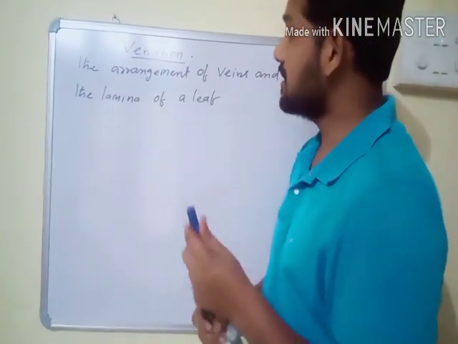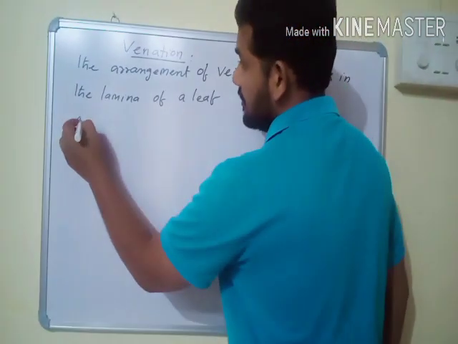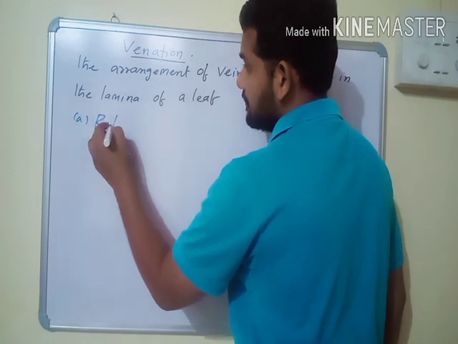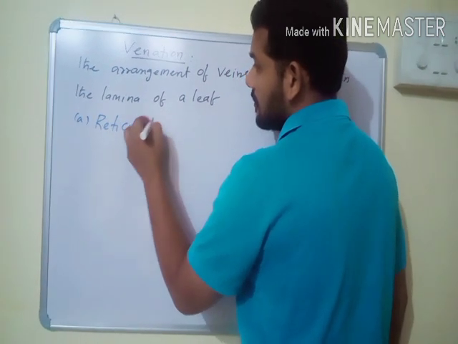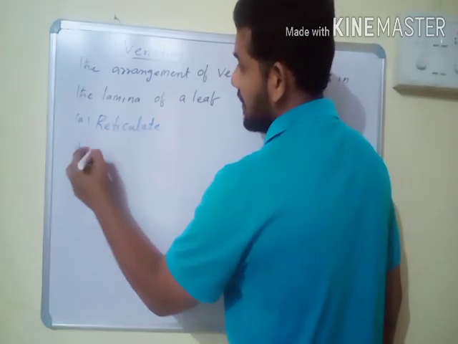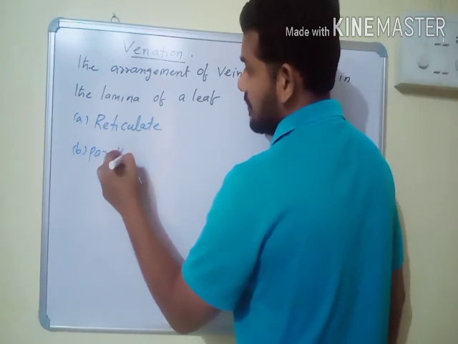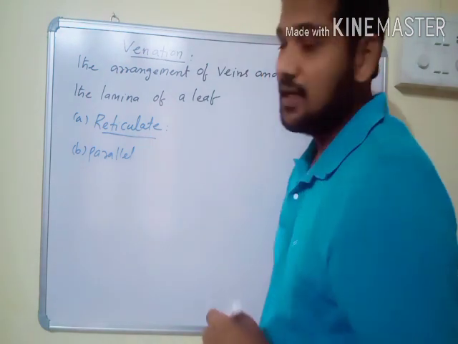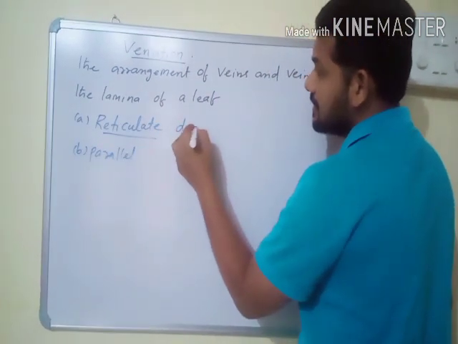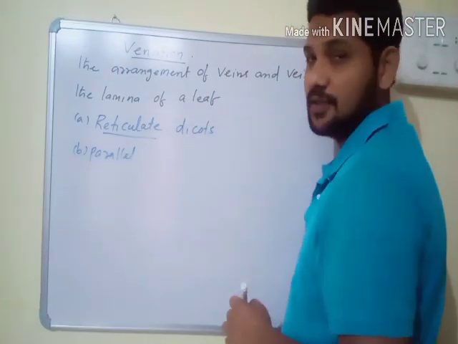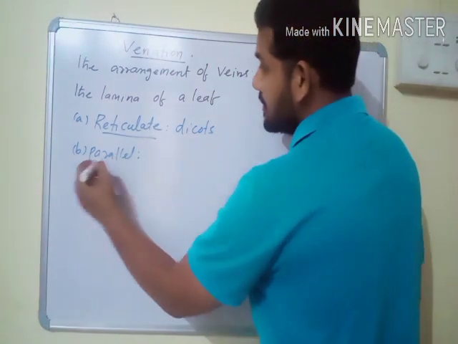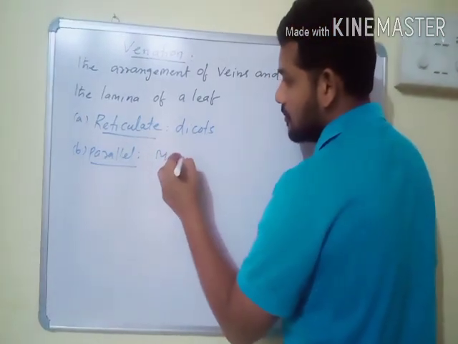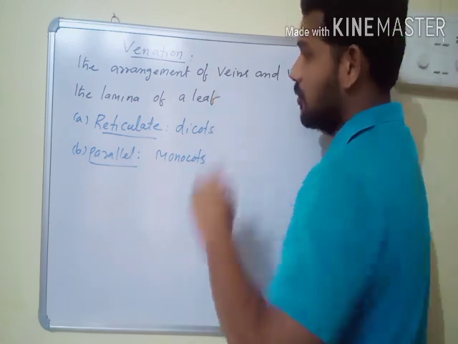Venation is basically of two types: reticulate venation and parallel venation. Reticulate venation is the characteristic feature of dicots, and parallel venation is the characteristic feature of monocots.